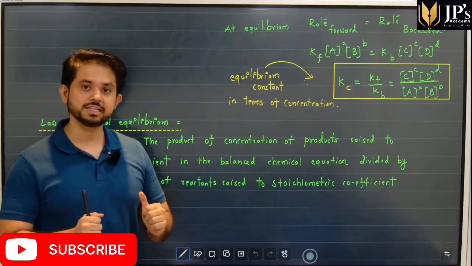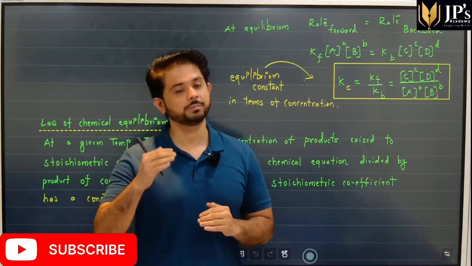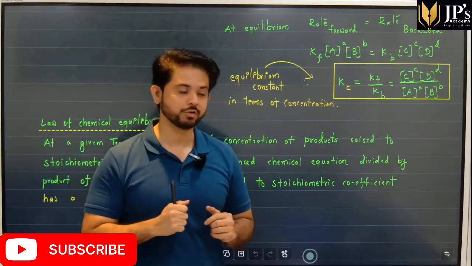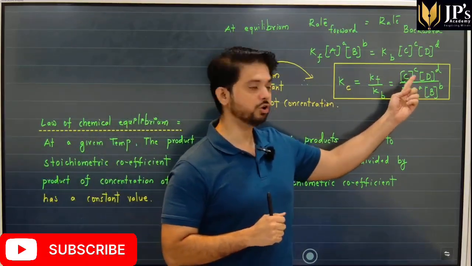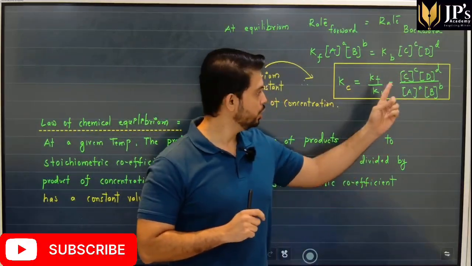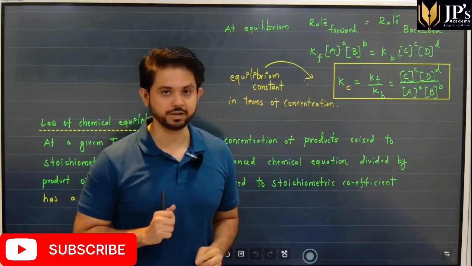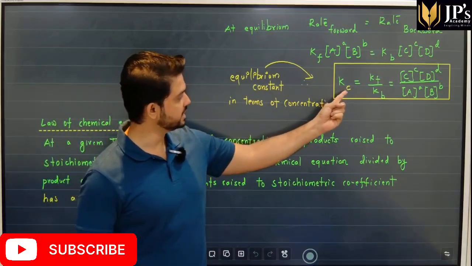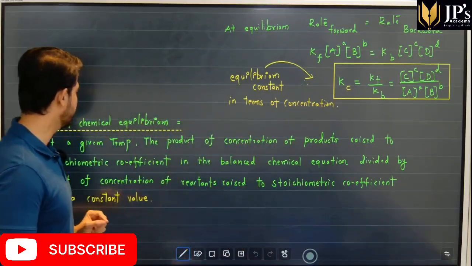The equilibrium constant is equal to the ratio of the product of the molar concentrations, or active masses, of the products raised to their stoichiometric coefficients to that of the reactants raised to their stoichiometric coefficients. The equilibrium constant in terms of concentration is expressed as Kc.